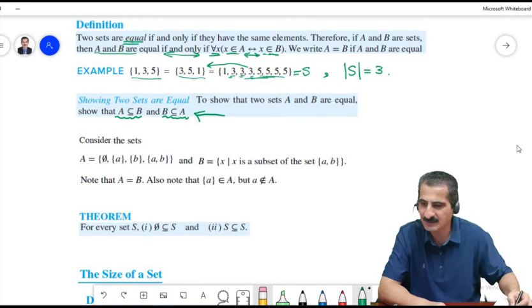And in here we have an example of two sets that are equal but not explicitly stated to be equal.